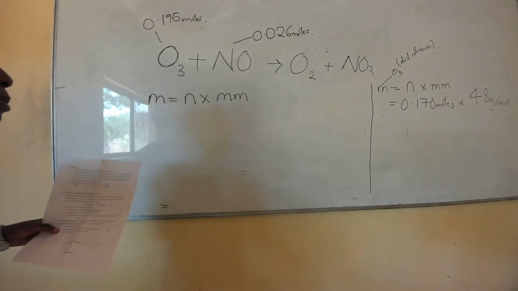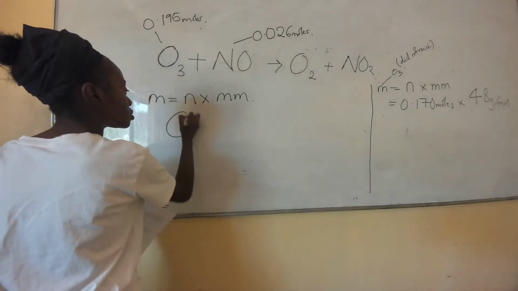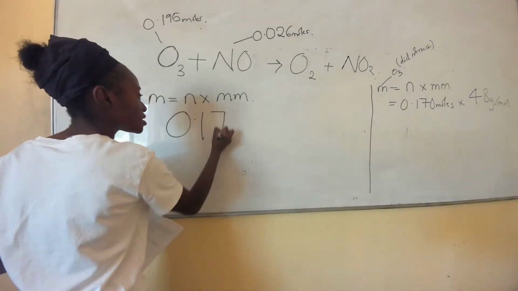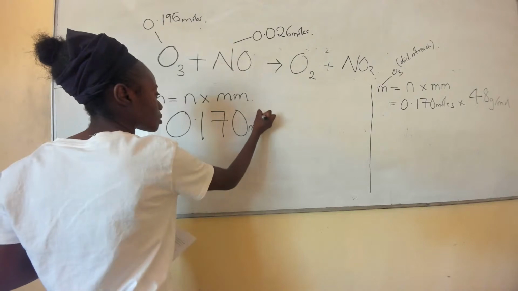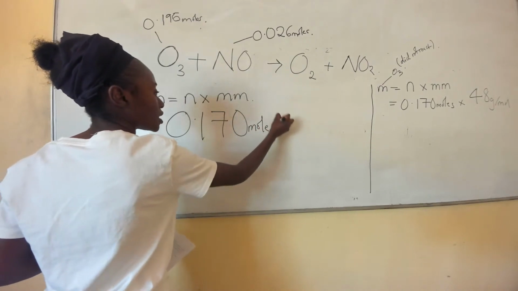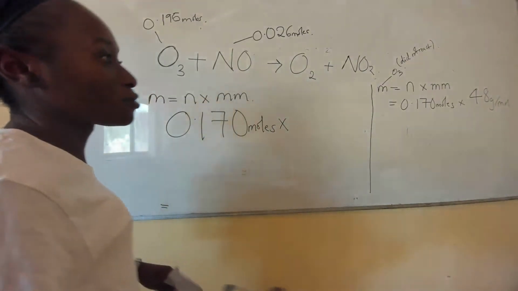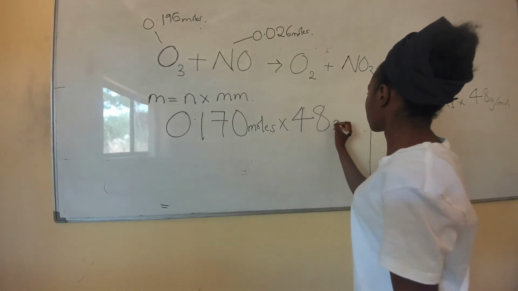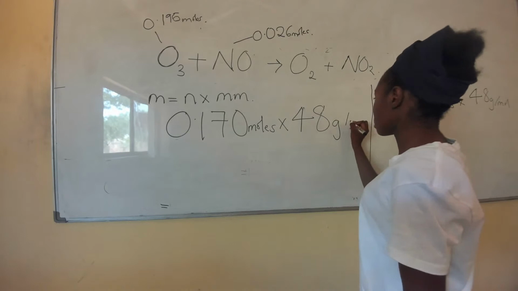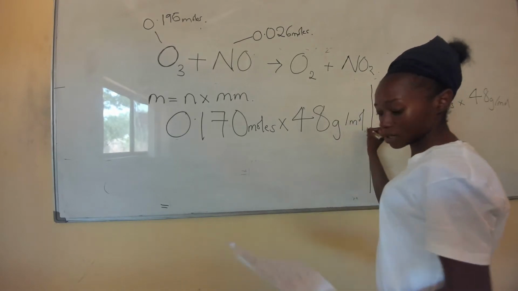So we're just going to replace our number of moles, which was 0.170 moles, times 48 grams per mole to calculate the mass.